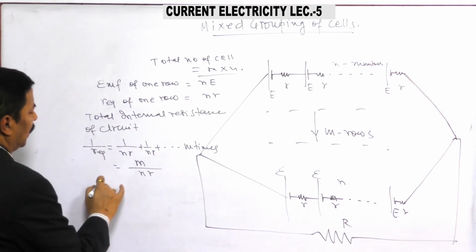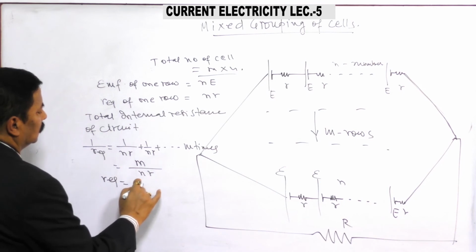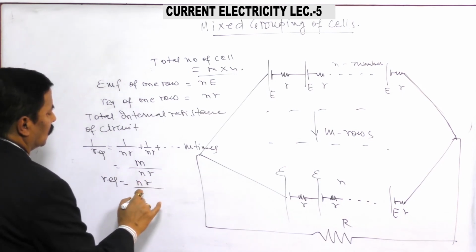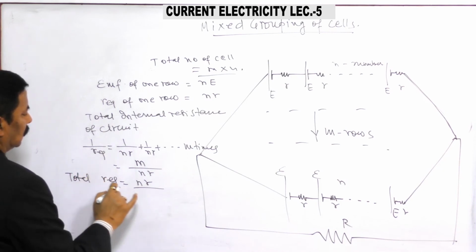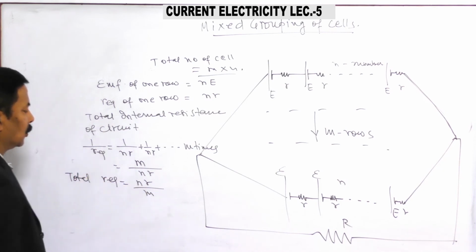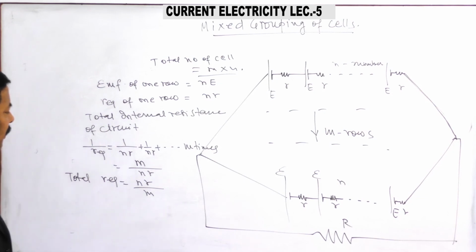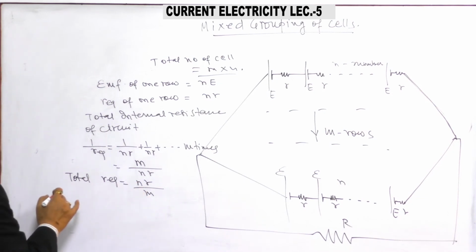So we are getting R equivalent is equal to nr by m.